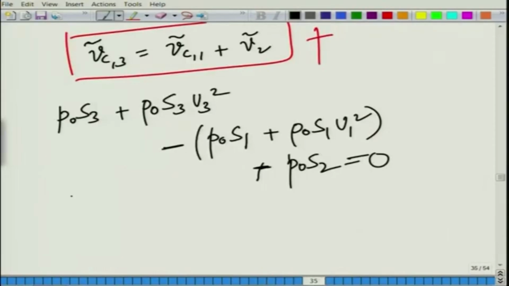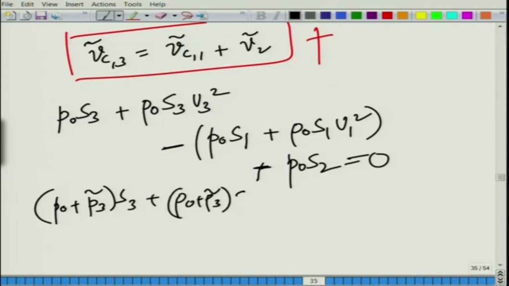We will go about doing our perturbation business. So, P3 tilde into S3 plus rho naught plus rho 3, it is going to be a little tedious. As we usually do, I will skip some of the algebraic simplification, with the understanding that you would take it up at some stage.